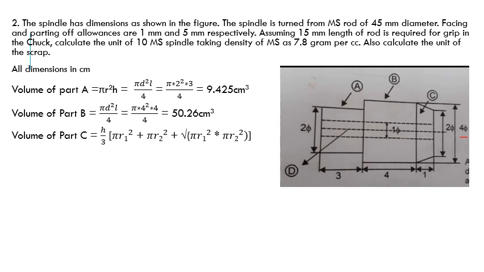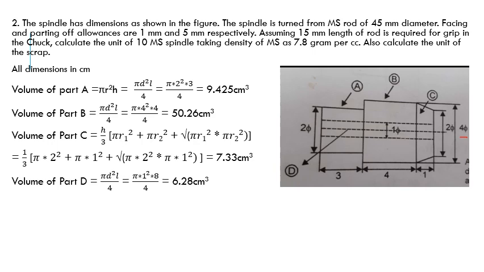Since it looks like the frustum of a cone, I will use the formula h by 3 into pi r squared, that is the area of the base, plus area of the top face, plus square root of area of the lower base into area of the upper base. So using that formula, I will calculate the volume of part C. When I use that formula, I will end up with 7.33 centimeter cube as the volume.